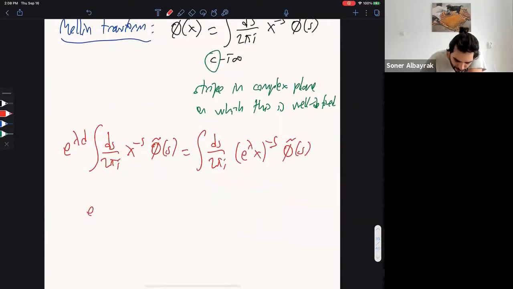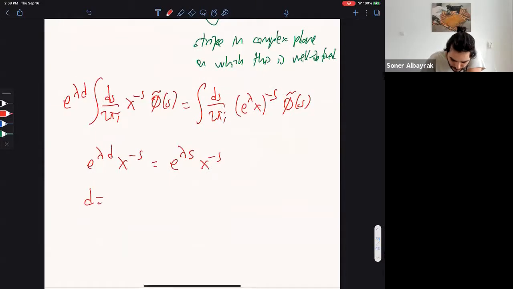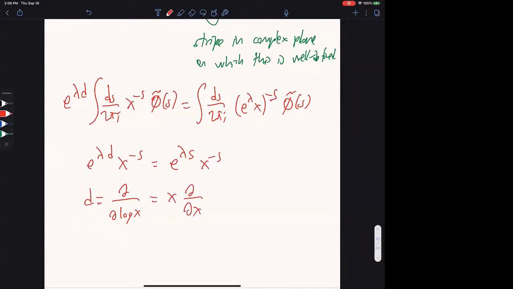Then we see that e to the lambda D acting on x to the minus s is equal to e to the lambda s times x to the minus s. That means D is equal to d over d log x. Okay, so it's actually x times d over dx. You can just insert it and check that.